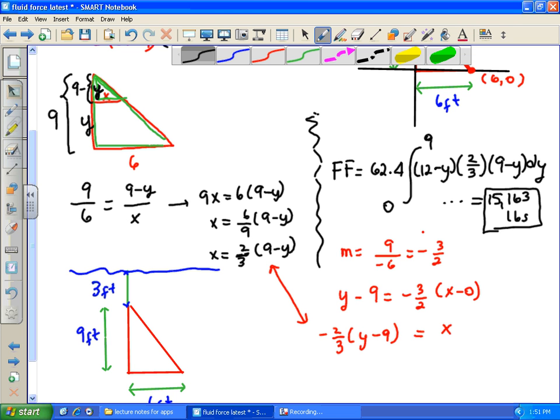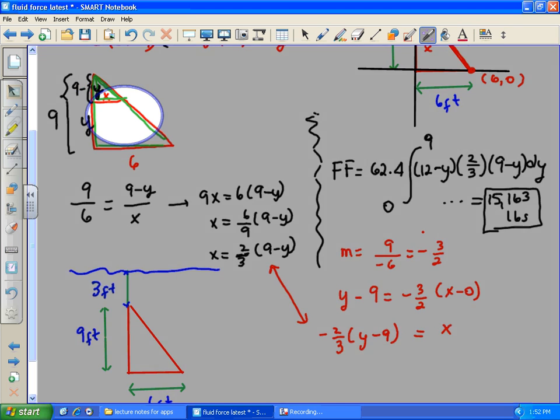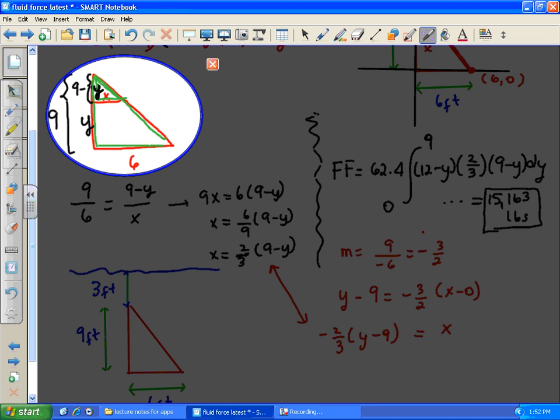Yes, question? Yeah, we could not do that because going back to our similar triangle ratios over here, look at which triangles are similar. Which ones are similar?